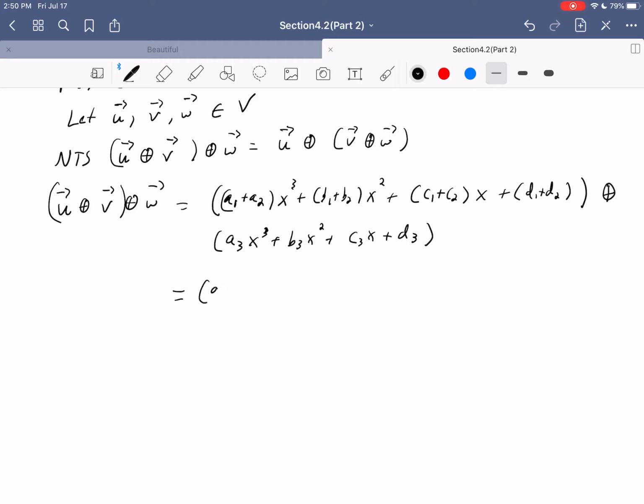So this would become A1 plus A2 plus A3 x cubed plus B1 plus B2 plus B3 x squared plus C1 plus C2 plus C3 x plus D1 plus D2 plus D3.